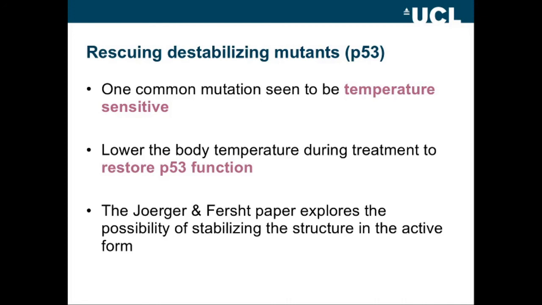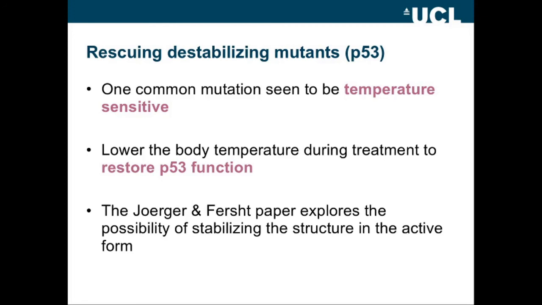Now, this fact that we get a destabilizing mutation confirms the concepts that I was talking about earlier, that if we get a mutation which simply stops or disfavors the correct fold of the protein, then there are measures that could be taken, such as lowering the temperature, in order to rescue that function.